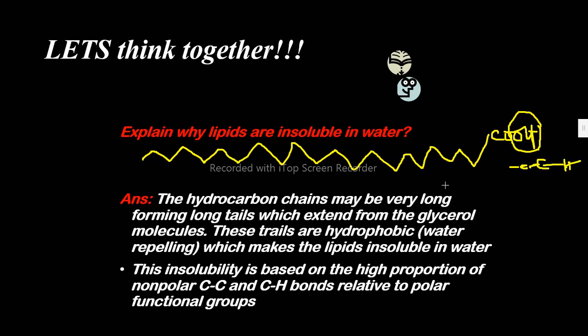So the polar group is too small. Actually, the oxygen that remains here, the other oxygen that remains here, and also the other oxygen that remains on that third hydrocarbon chain, it is what is kinda polar. But the polarity is too small.